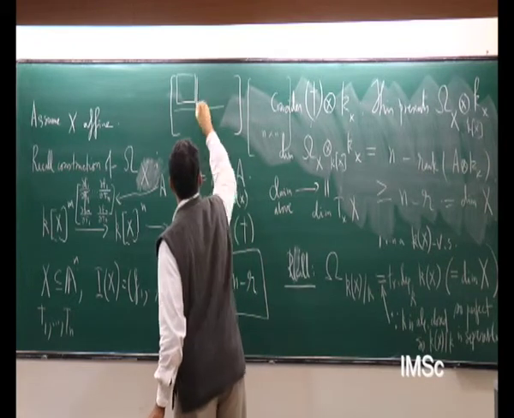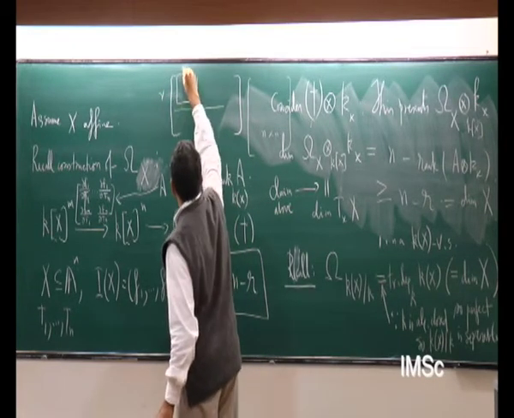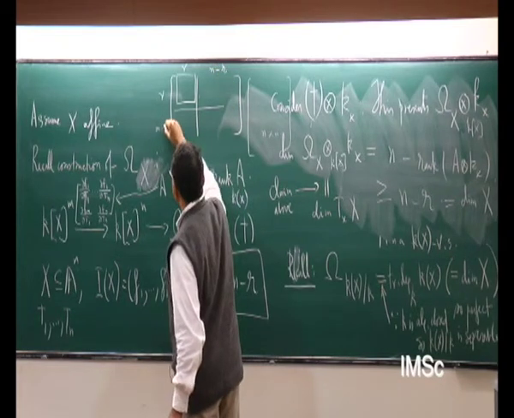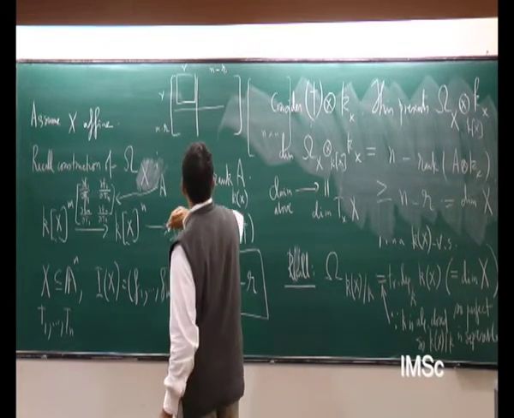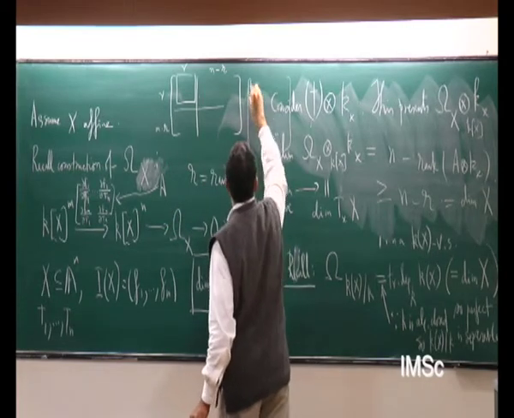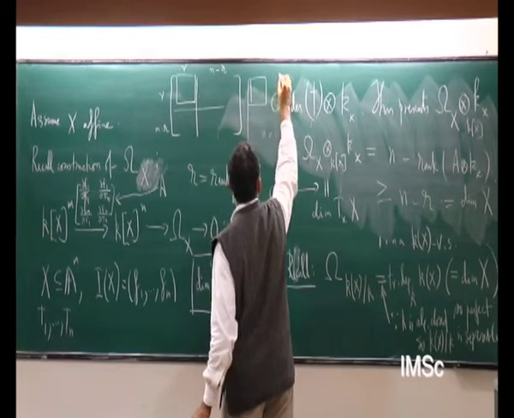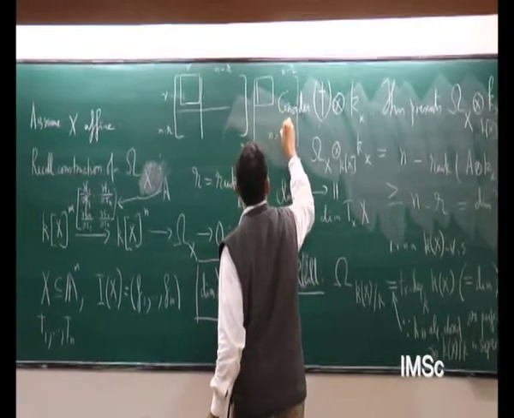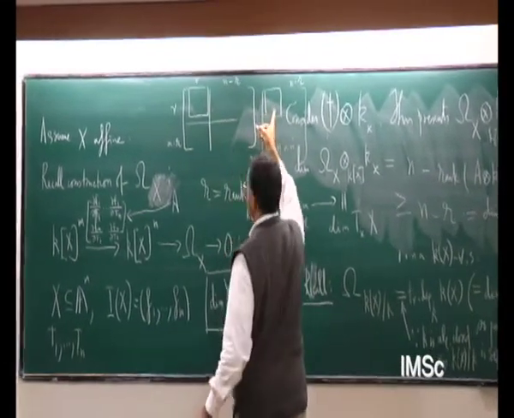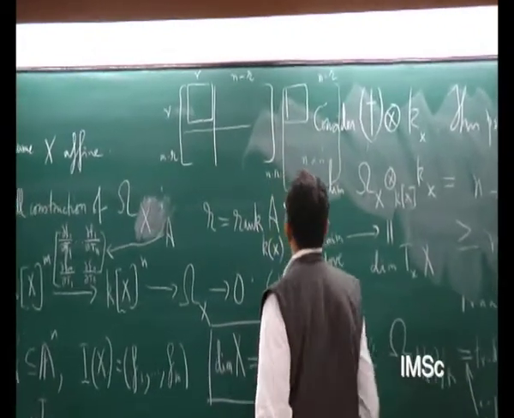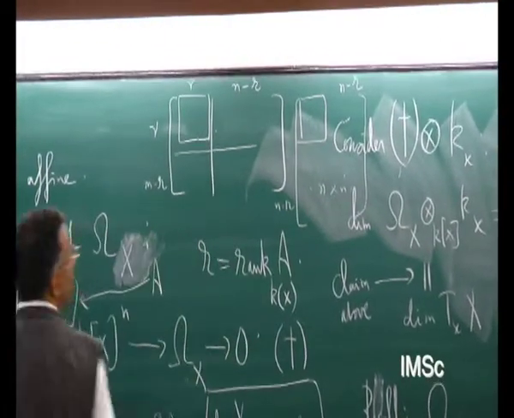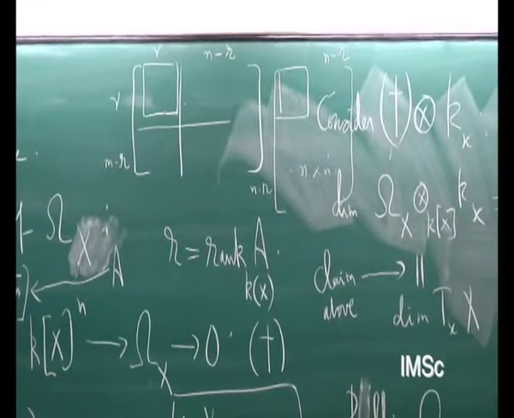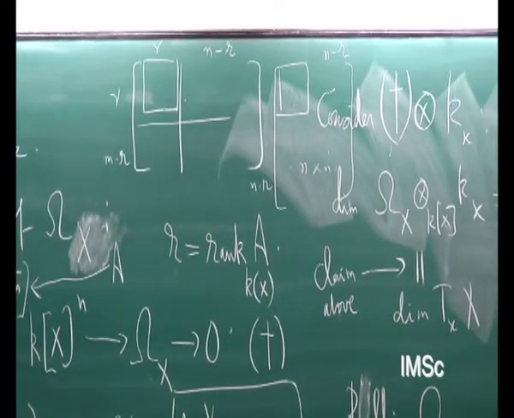So this is R, this is n minus R, this is m minus R. I make this R by R, and this is n minus R. I put the inverse of this matrix here, and complete it.